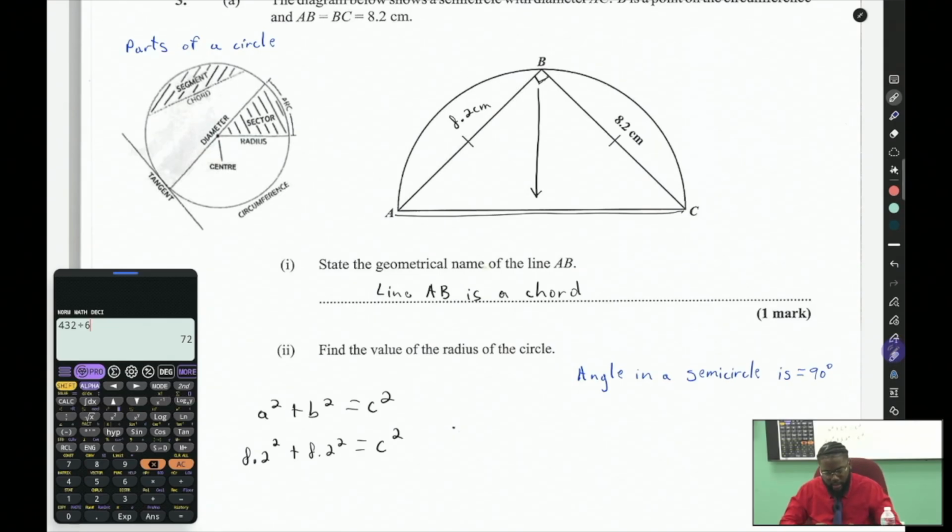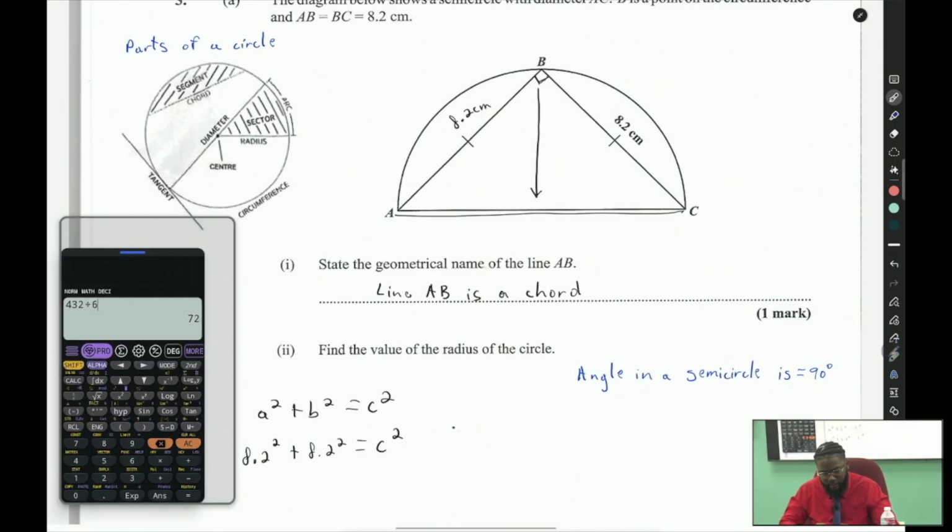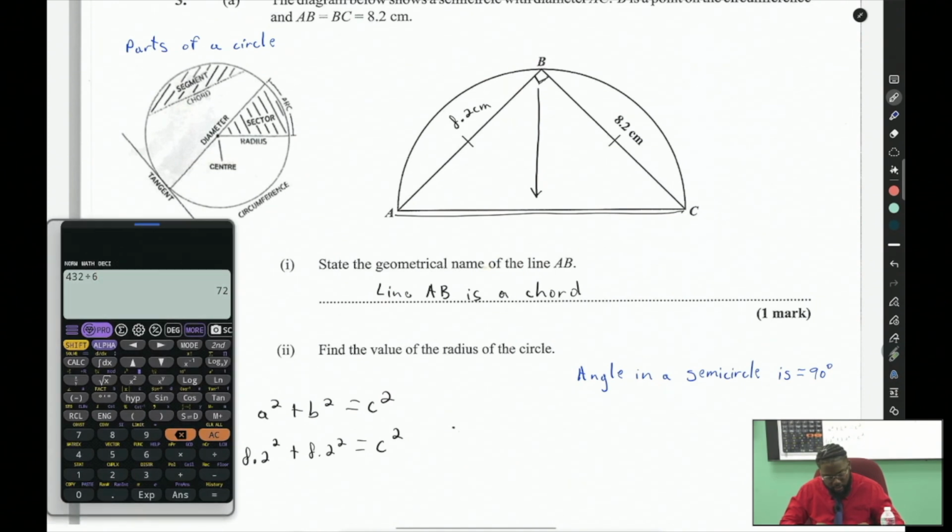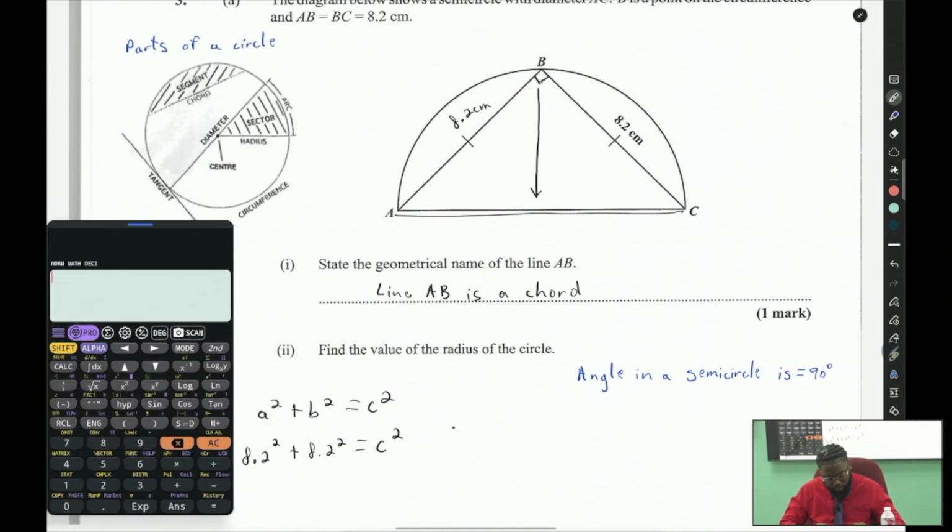So using our calculator, we're going to figure out what 8.2 squared is equal to, which gives us 67.24.